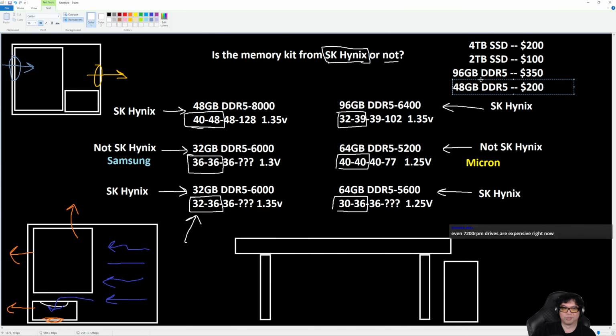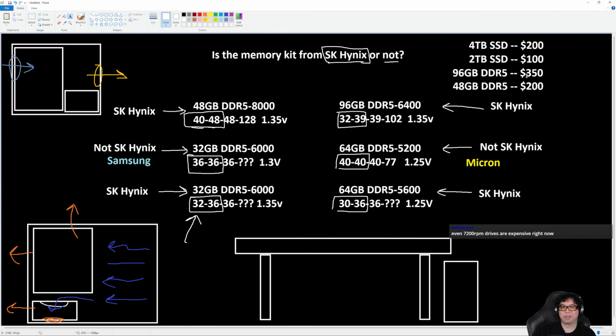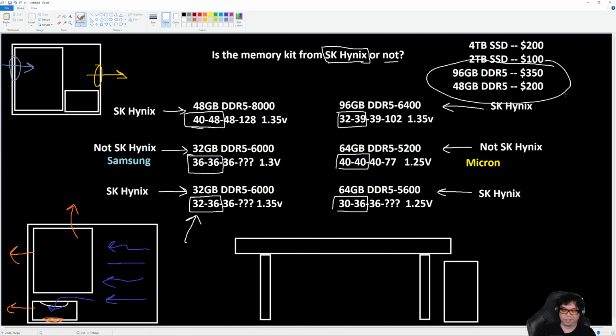You know what I'm saying? So I ain't paying more than $200 for 48 gigs. I ain't paying more than $350 for 96 gigs. So it's gonna be a long time before I look at DDR5 again, because those are the prices that I'm willing to pay. I'm not gonna pay more than that.